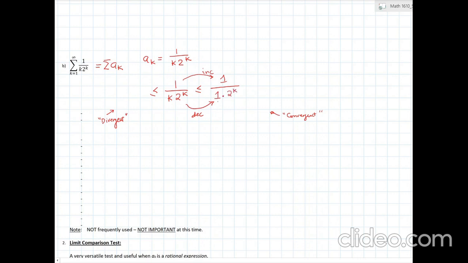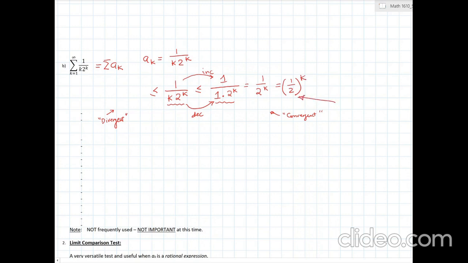So definitely this is less than this. So therefore this fraction is greater than this fraction. So what is this? This is 1 over 2 to the k. But 1 over 2 to the k is the same as saying 1 over 2, whole thing raised to the power k.